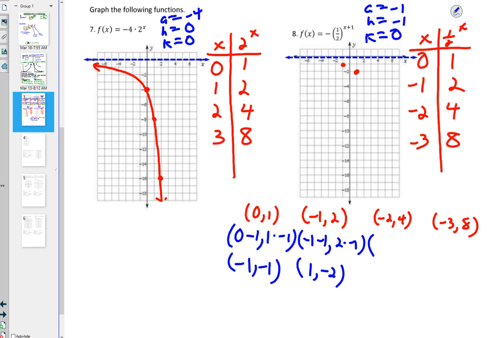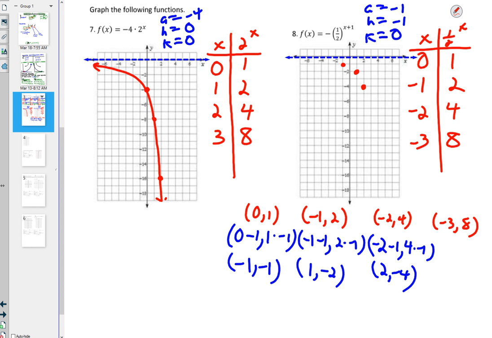For the third time in a row, what am I supposed to do with the x's? For the x's, I'm supposed to add H. So -2 is the x here. Adding H is the same as -1. Then I have a 4 times the A. So I get -3, -4. I can put a point there.